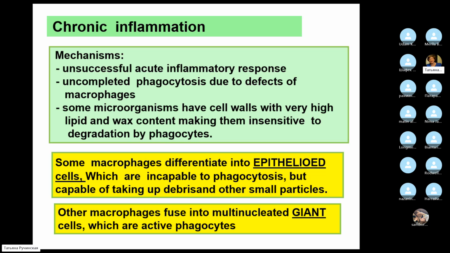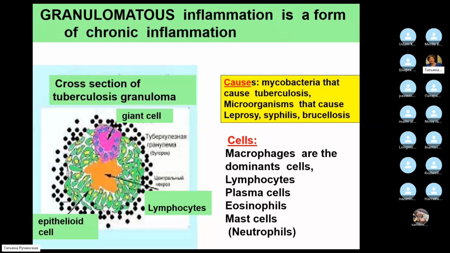In granuloma, as I told you, granulomatous inflammation is a form of chronic inflammation. What you see here are the causes of these: mycobacteria.